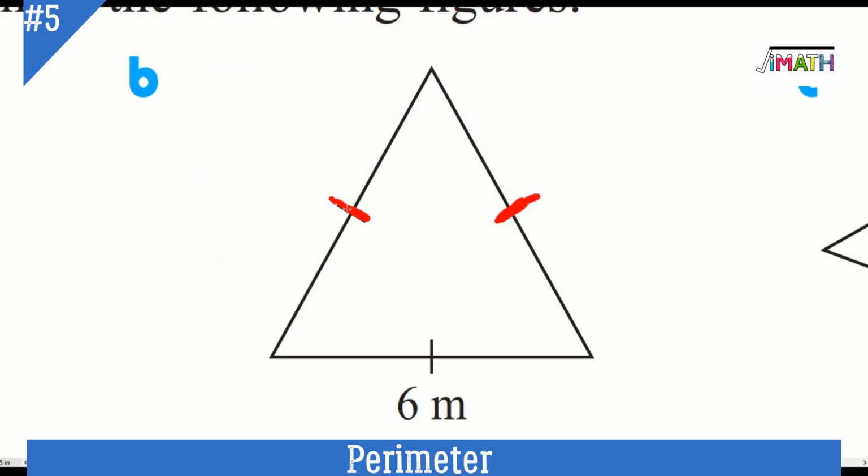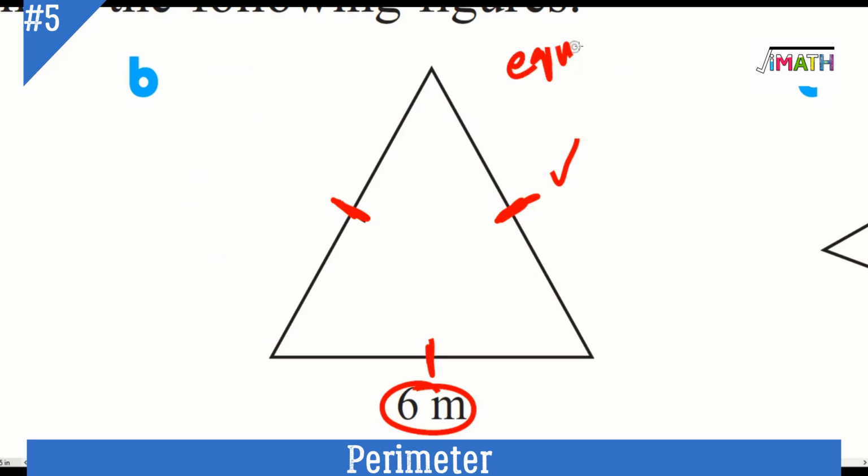Two sides are equal, right? Yeah. So we are not given the three sides. This side, the lower side, is equal to the right side. So if this side is 6 meters, what's going to be the length of this side?